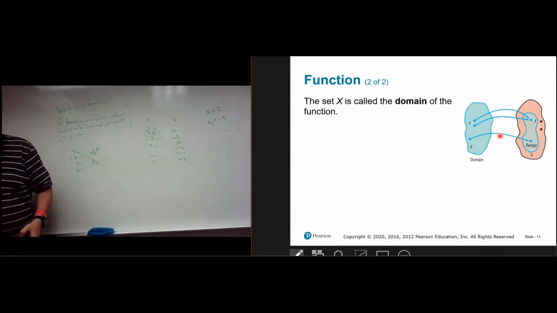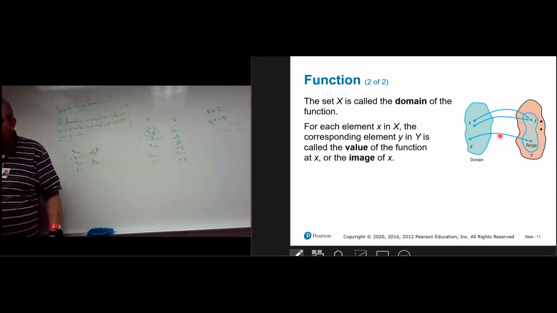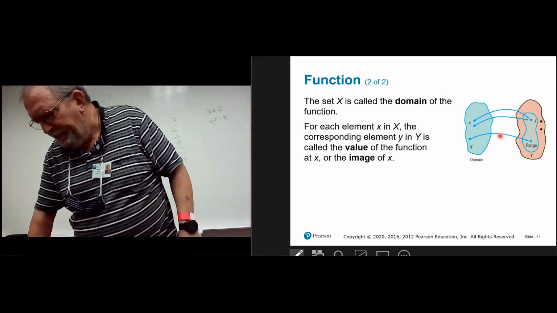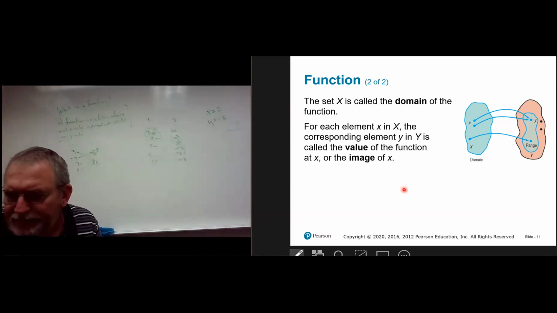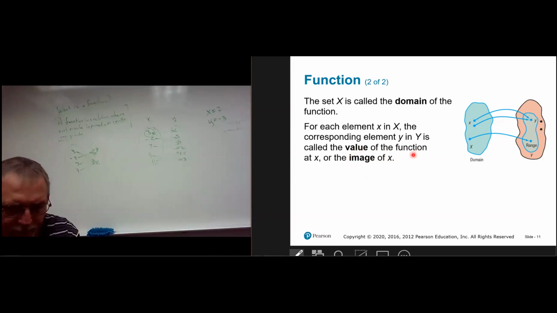So the x is the domain and the y is the range. The x goes into the domain. I mean, the x goes into the range. And they talk about that the y is the image of x, because the value of the function is the image of x.